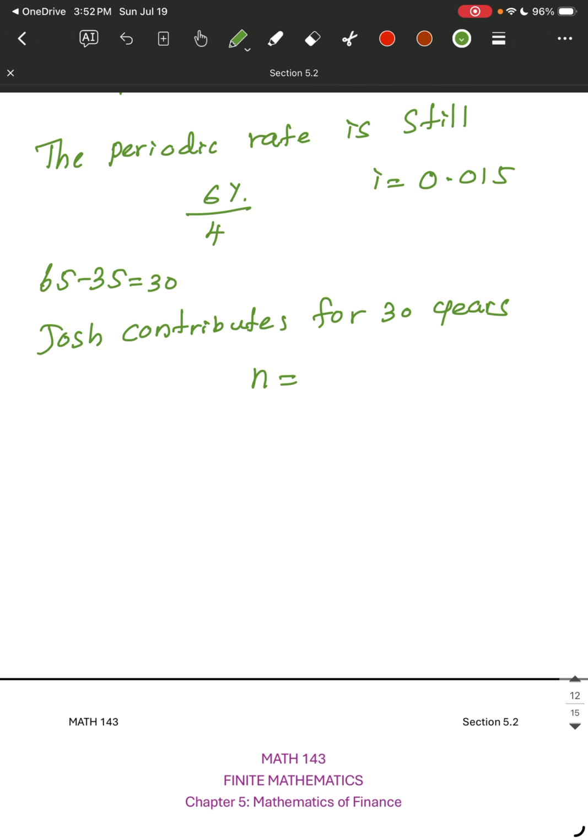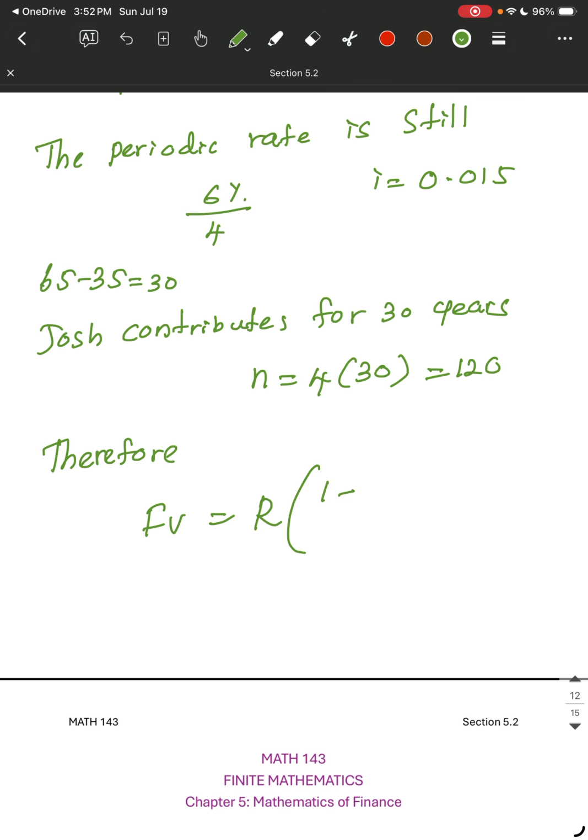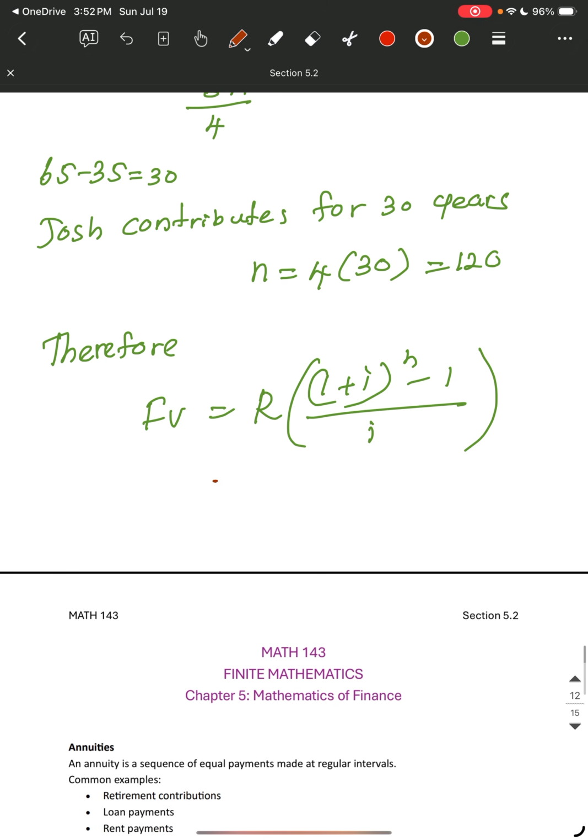Therefore, the future value, substitute the values: 1000 times 1 plus 0.015 to the power of 120, minus 1, over 0.015 is approximately, using your calculator you can get the value.